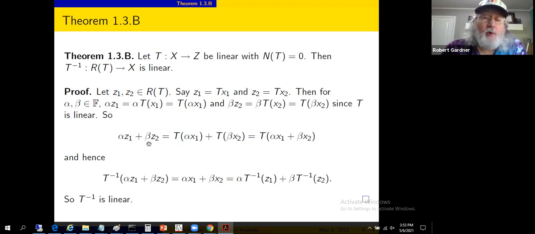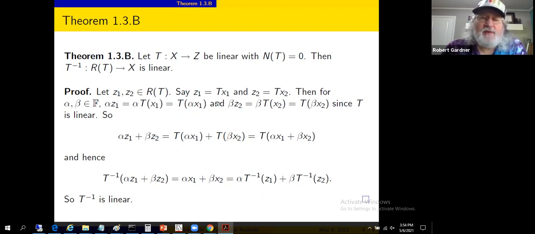Looking at these outer two quantities and the definition of T inverse, hey, alpha X1, we were just talking about alpha X1. That would be alpha T inverse of Z1 from this statement here. If Z1 equals T of X1, and T inverse is defined, then T inverse of Z1 equals X1.